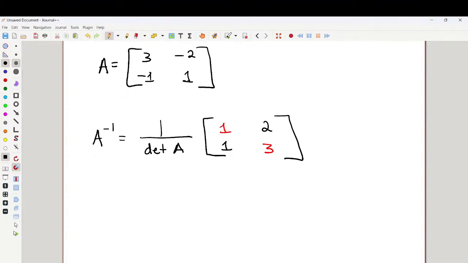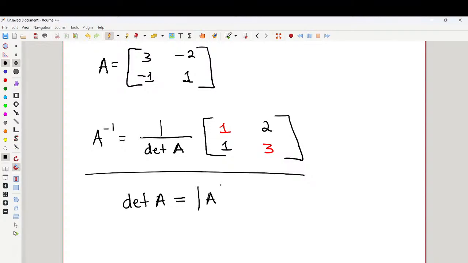Next, the determinant of A, which also has that symbol: 3 times 1 minus -1 times -2.